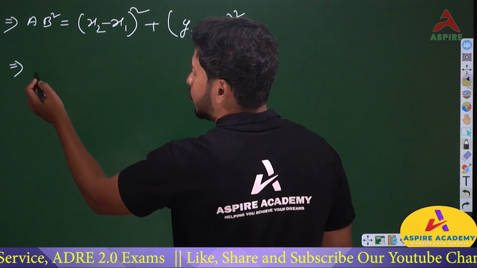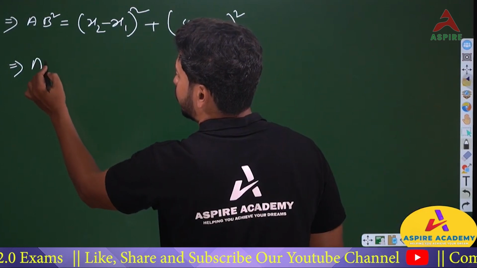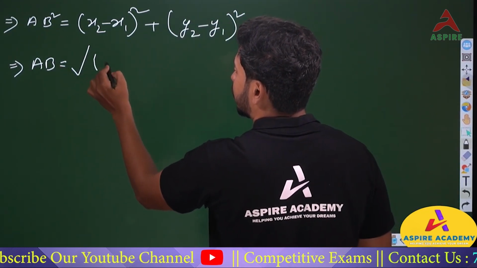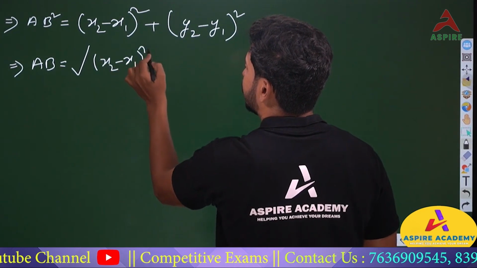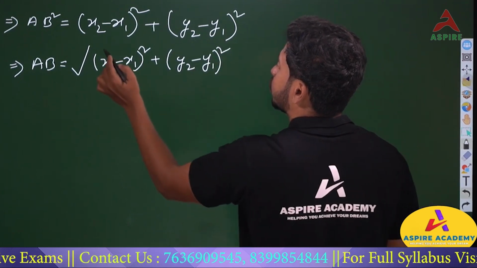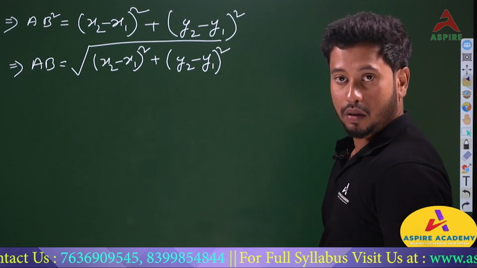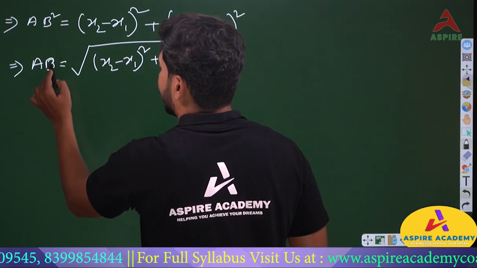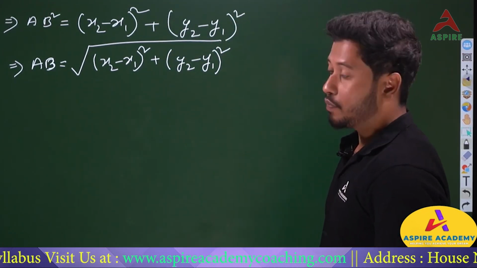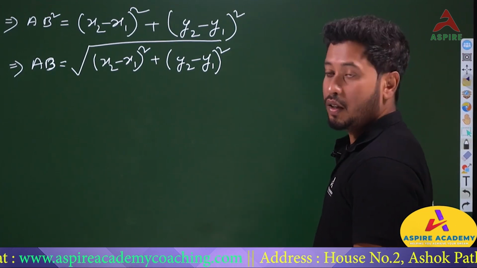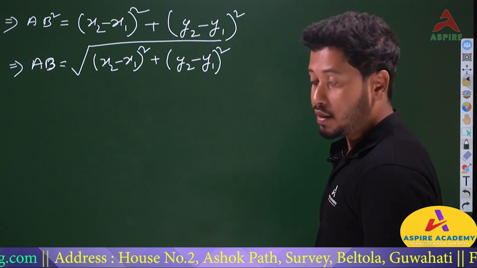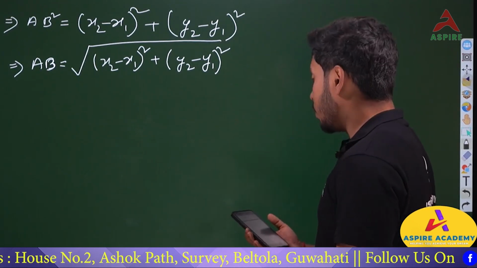If we take the square root, then it will be AB, and we will get root over x2 minus x1 whole square plus y2 minus y1 whole square. So from here we got the distance formula, the formula for the distance between 2 points. That is AB equal to root over x2 minus x1 whole square plus y2 minus y1 whole square.